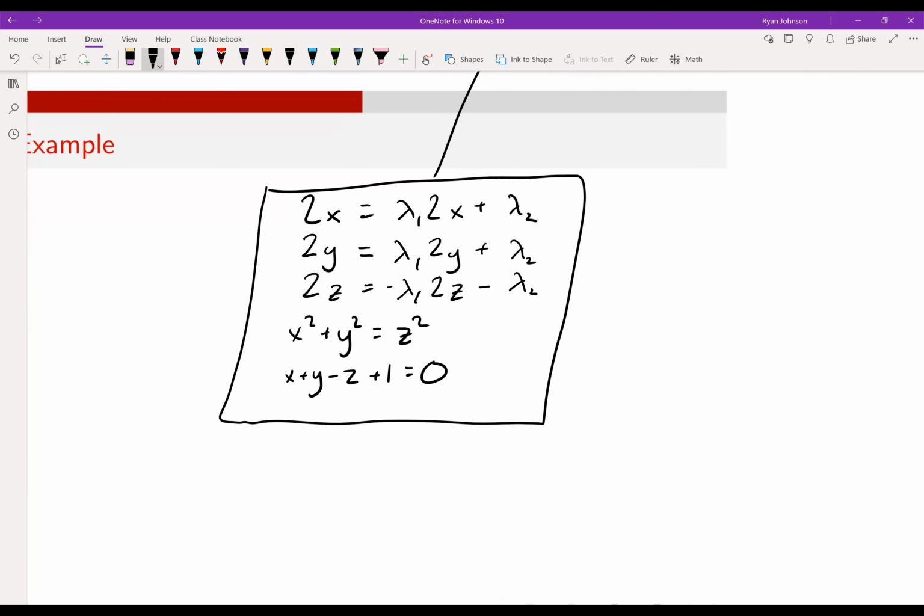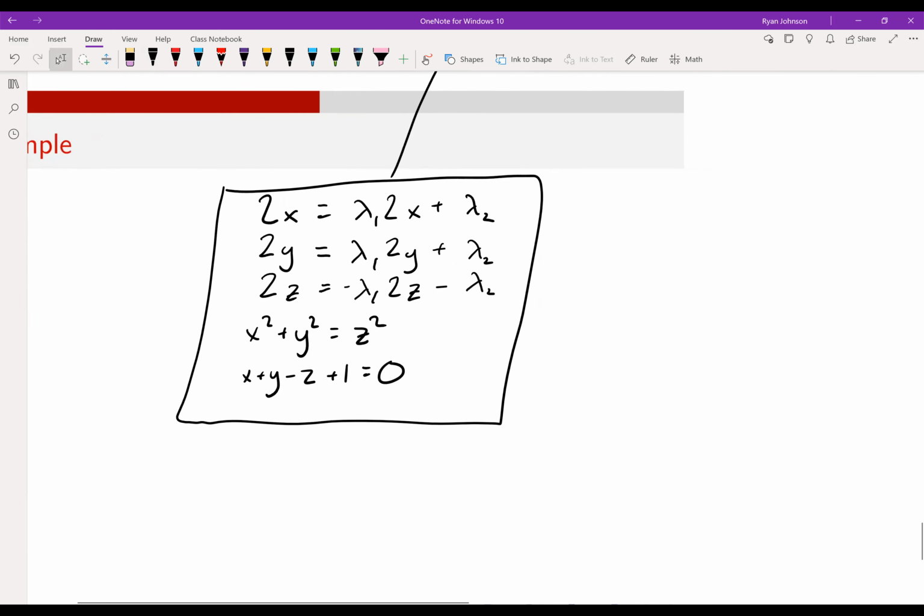Well, I think the first thing to do would be, just like last time, we want to leave lambdas behind. We just have 2 of them to leave behind. So the easiest one to get rid of looks like lambda 2. So I'm going to solve for lambda 2 in all 3 of the first equations.